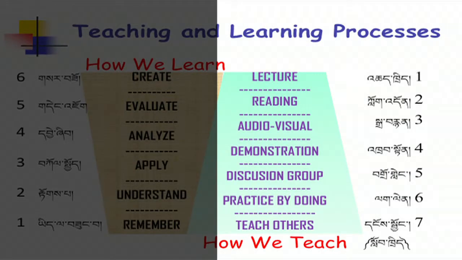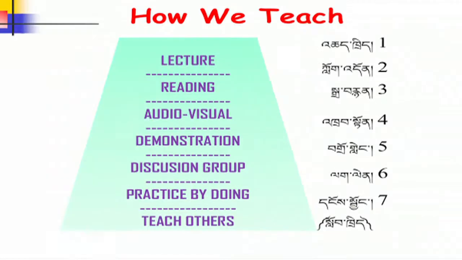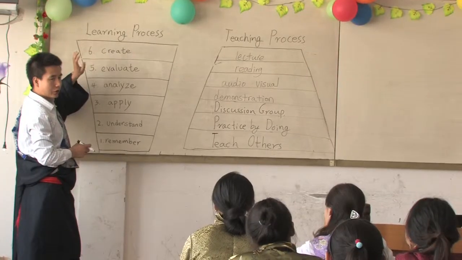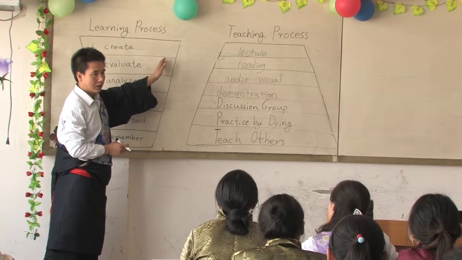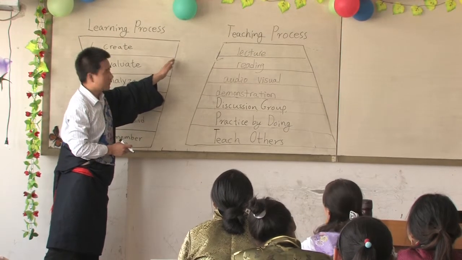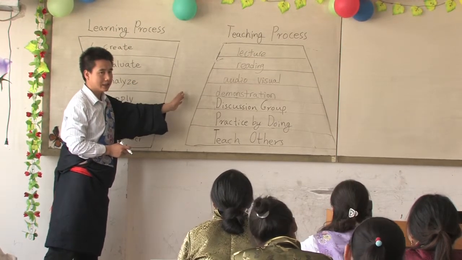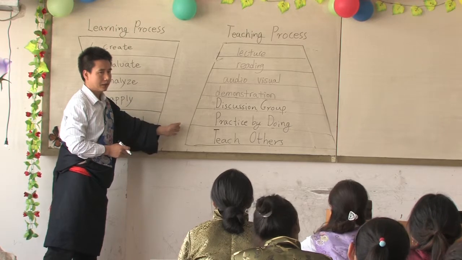The second section describes the value of different ways of teaching. As you can see, teaching others allows students to retain much more information than they do when attending a lecture. Therefore, student-centered classes are generally more productive than teacher-centered classes.